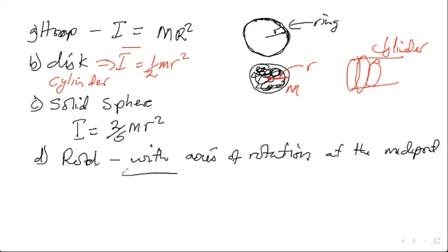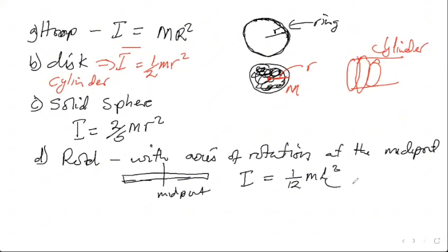So this is a long rod whose axis of rotation is at the midpoint. The moment of inertia for such a long rod is equal to 1/12 multiplied by the mass of the rod multiplied by the length of the rod squared, where L is the length of the rod.